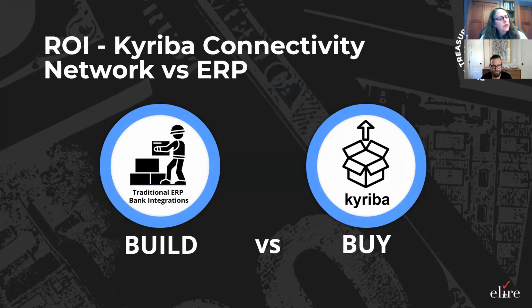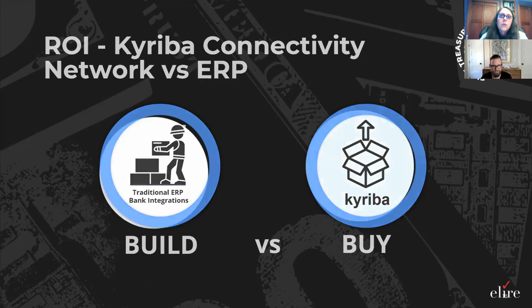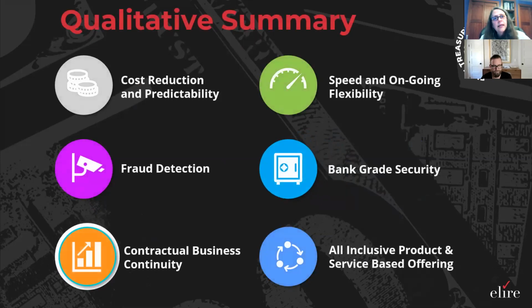With Kyriba, this all comes down to, do you want to build it unique to you, or would you like to buy a product that's off the shelf? From a qualitative perspective, we have clients that are looking at us because we're reducing their costs and we're providing some predictability in terms of their future outlook. We have bank grade security. We have clients like Lockheed Martin and Boeing.